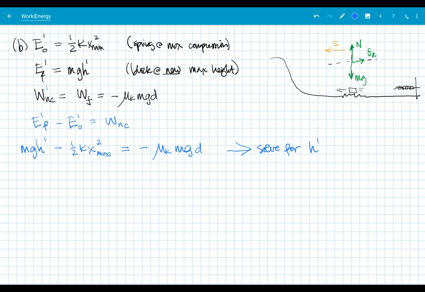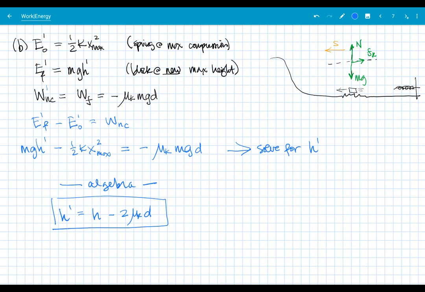And it turns out kind of cool, actually, when you do substitute in for that, you get a really elegant expression. So, algebra intermission. h prime is going to be equal to h minus 2 mu k d. So this is our final answer for part B.